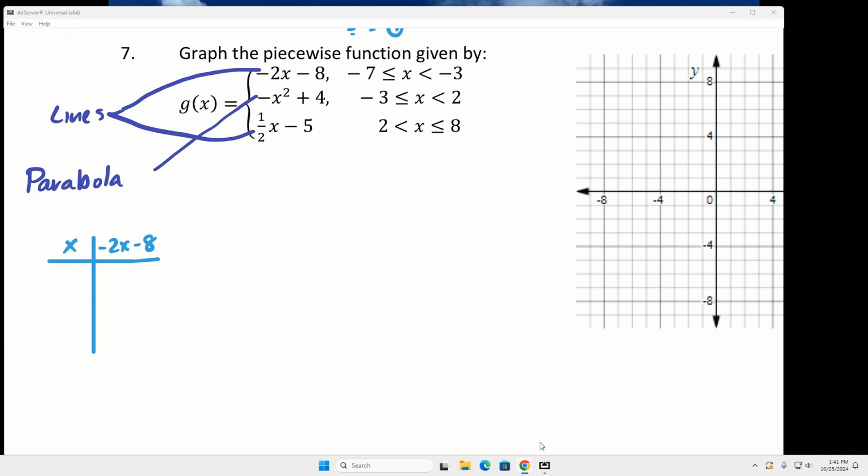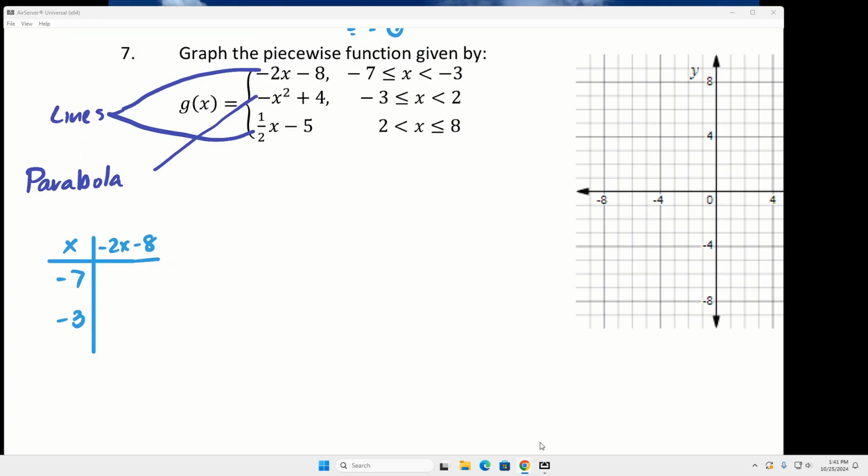There's only certain numbers I can put in here, and they have to do with this. And so to get a good graph, you put in the numbers at the ends of your segment. So we're going to put in -7 and we're going to put in -3 to that first piece.